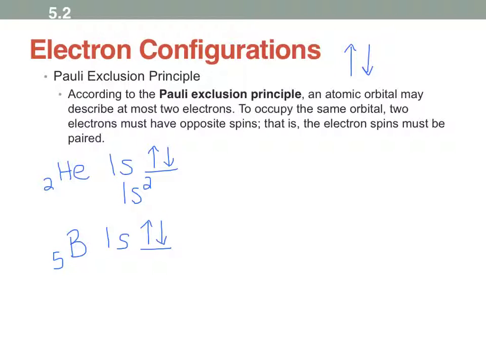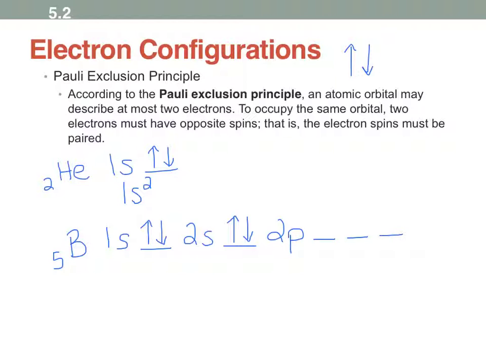There's 2 of the electrons. The next orbital that's filled is 2s. It can also have 2 electrons. So there's my 4. But boron has 5 electrons total. So the next orbital that's filled is the 2p orbital. Now, when I get to 2p, a p orbital has 3 orbitals within it that can hold 6 electrons total.